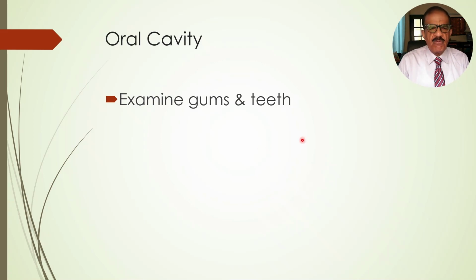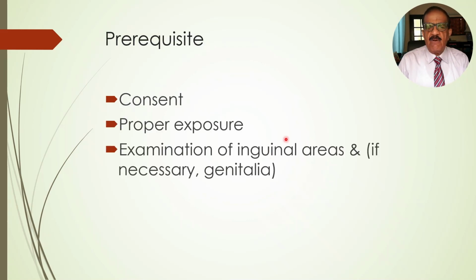So after examination of gums and teeth, you would go to the proper GIT examination. And of course you need to take consent. Consent is very essential. It doesn't have to be written consent. You just explain to the patient what you're going to do. Of course, the fact that the patient has come to you is a kind of consent, but you still take consent at the beginning.